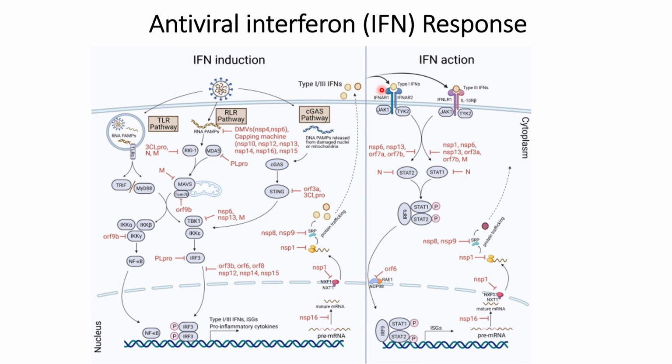After the interferons are produced, they will go to the appropriate receptors, such as type 1 interferon receptors or type 3 interferon receptors, and that triggers further downstream signaling pathways that lead to the complex formation of IRF9 with phosphorylated STAT1 and STAT2.